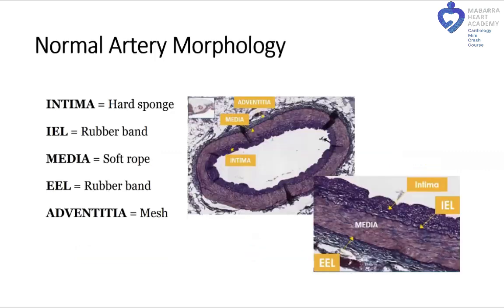For morphology, you need to understand the normal histology of the coronary artery. The vessel wall has, as you all know, an intima and the media, with the internal elastic lamina, and between the media and the adventitia, you have the external elastic lamina.